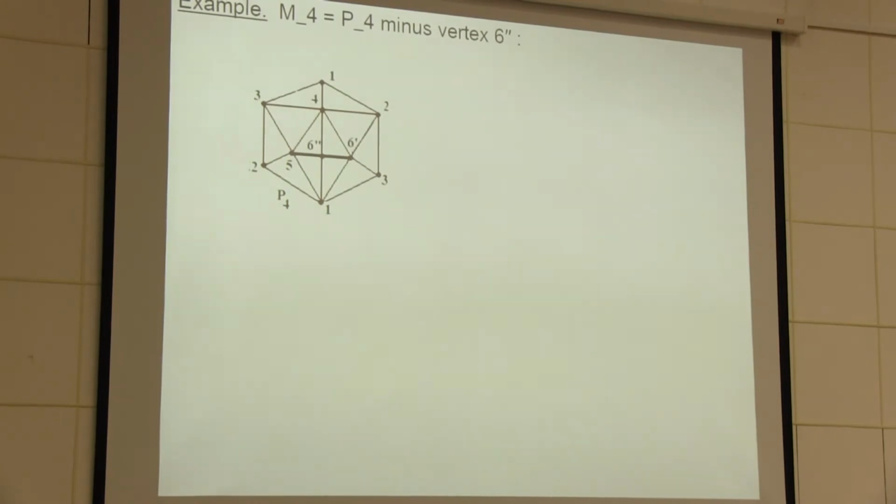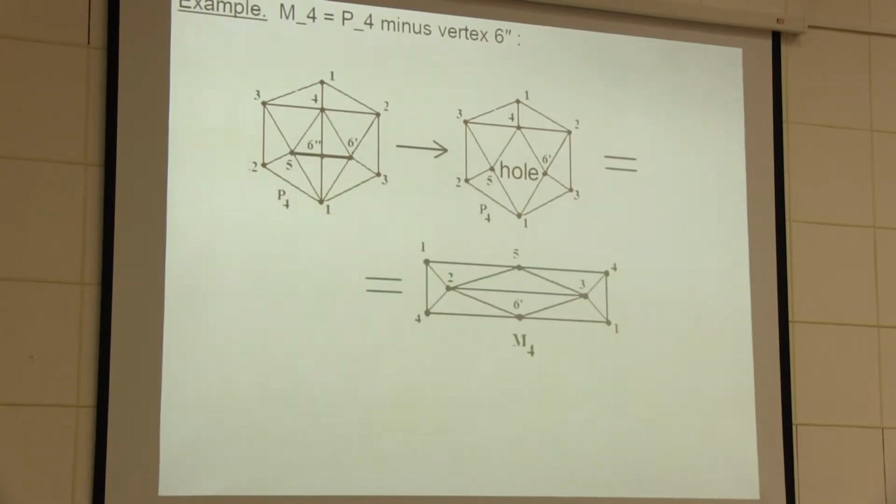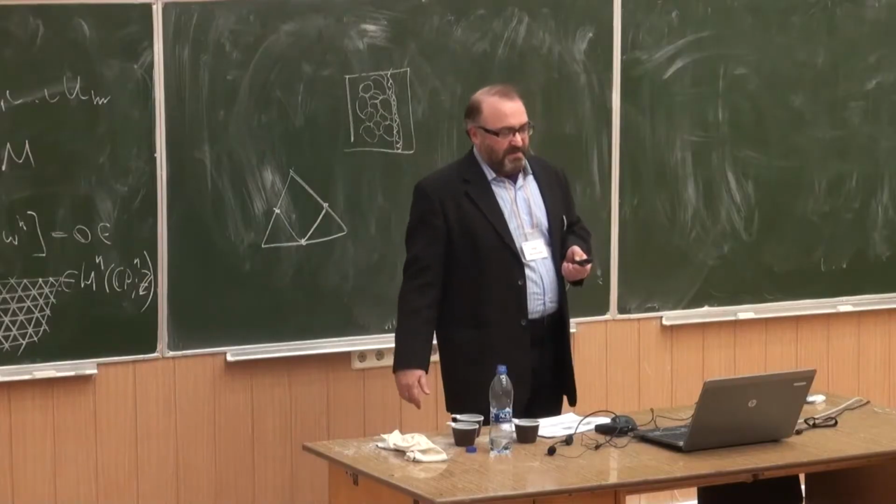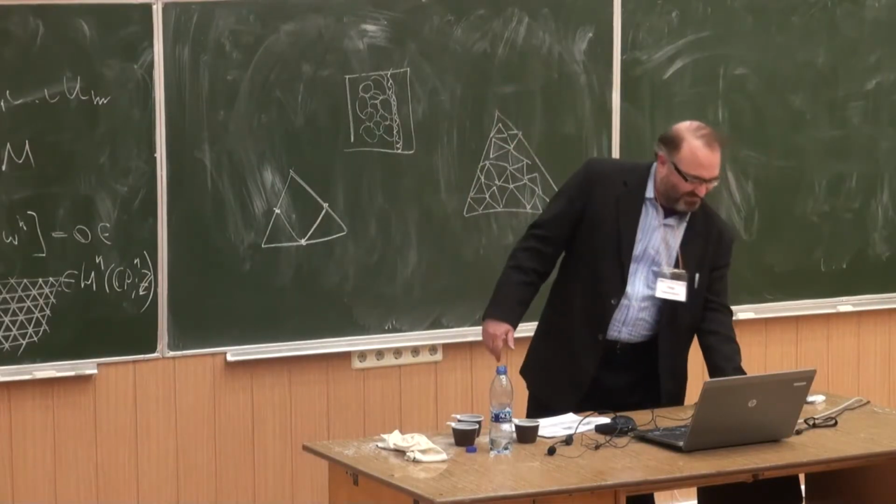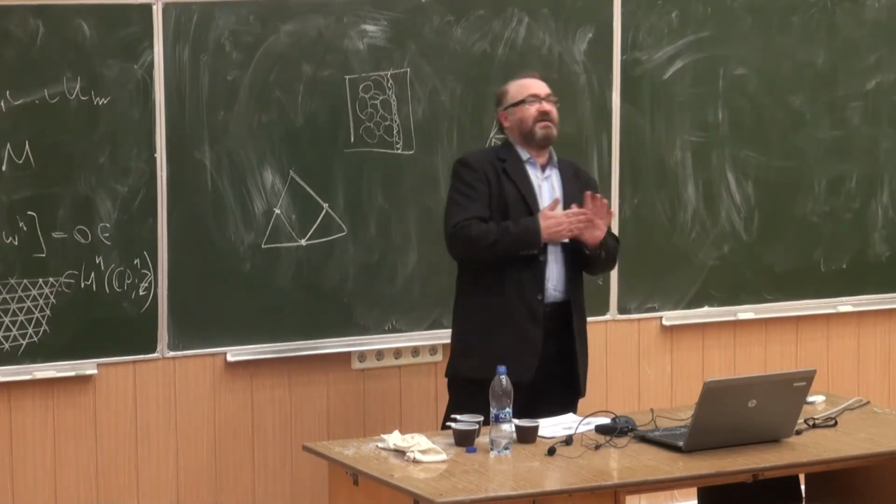So if we remove this pylonic vertex 6 double prime, we'll get a hole in the place where the star of that vertex was. And then we can easily redraw this. This is already a triangulation of the Möbius band, of course. And you can easily redraw it in the way that I showed you on the list of all the irreducible triangulations of the Möbius band. And I think I better stop here.